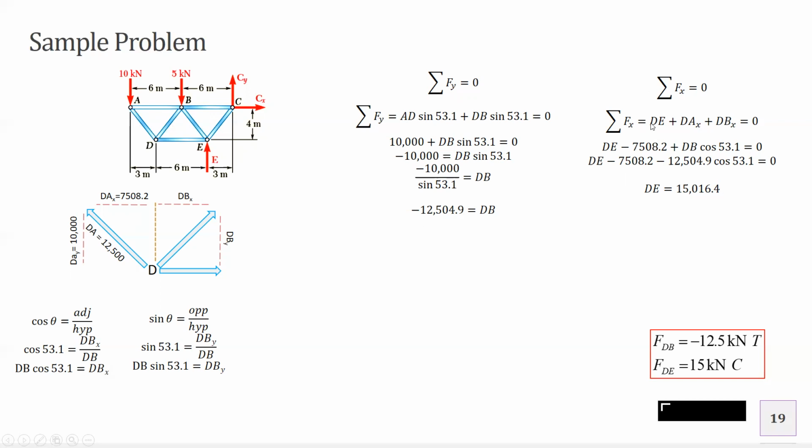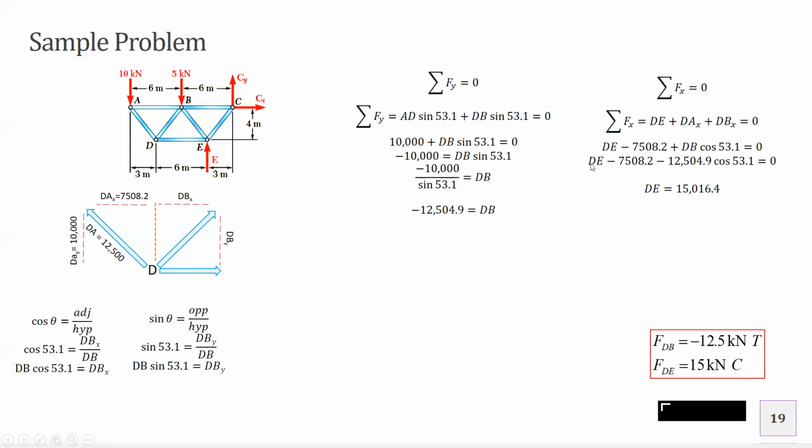So the sum of the forces in the X is going to be DE, which we don't know and are trying to solve for, minus our DAX, which we had in our previous problem for part A, negative 750.08.2, plus our DB cosine 53.1. But again, we know DB. We just calculated it, so we can plug that in.